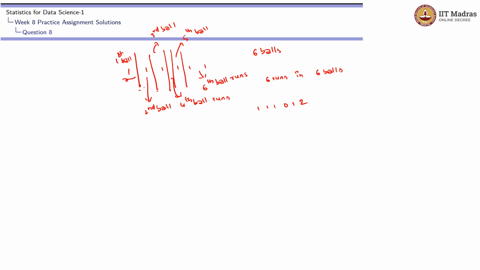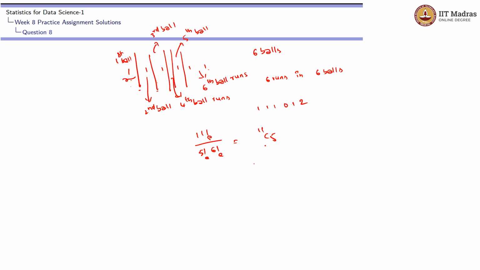These are 11 objects, 6 runs plus 5 vertical lines, so that is 11 factorial, and among these 11 objects we have 5 vertical lines which are similar, so 5 factorial, and all these runs 1, 1, 1 and so on, 6 are similar, so 6 factorial. This is nothing but 11C5, which we have seen before. These are the possible ways in which we can score 6 runs in 6 balls.